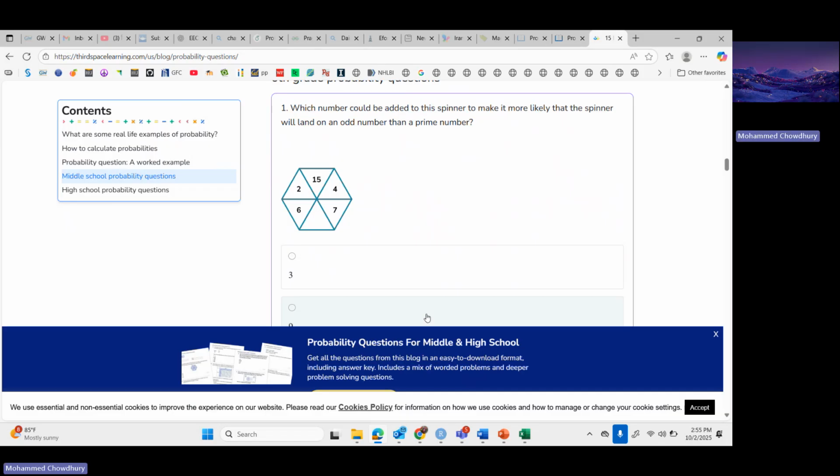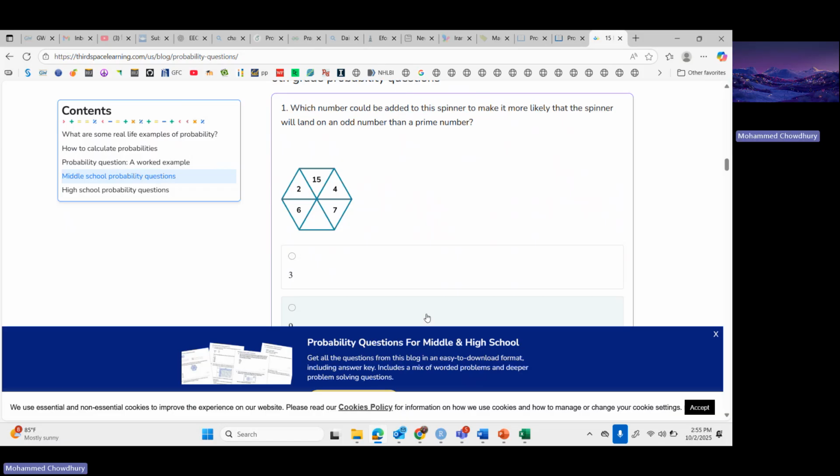If the number cannot be divided except by itself. 3, 5, 7, 11, 13, 17, 19, these are all prime numbers. So in this case, we see only 7 is a prime number, right?